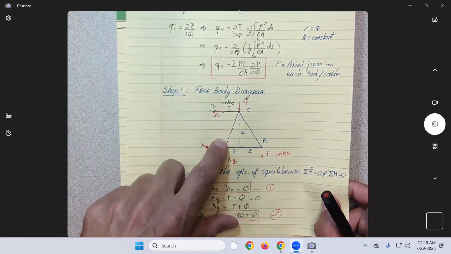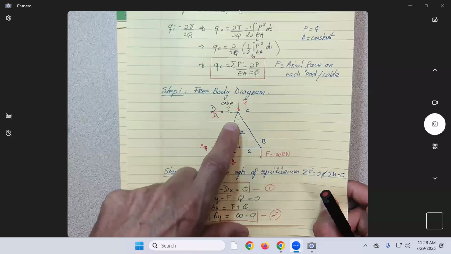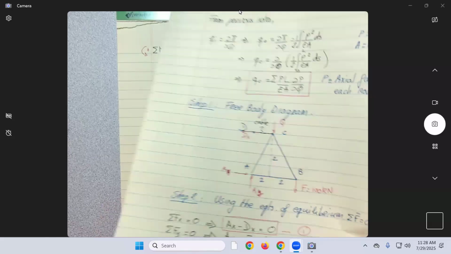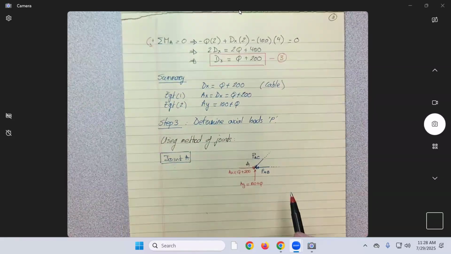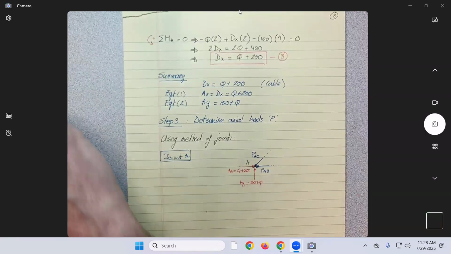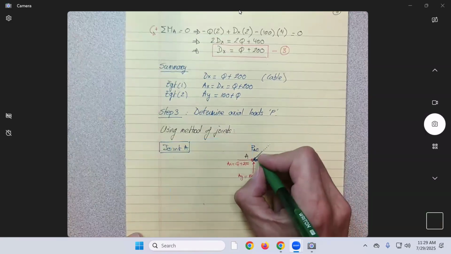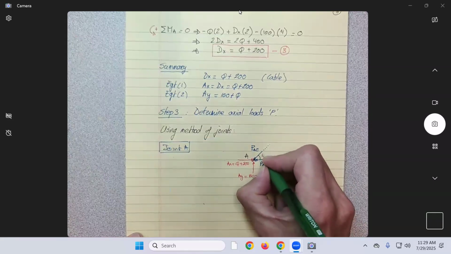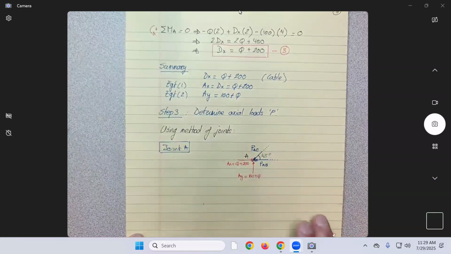And since the distance here is, okay, because of the characteristics of this triangle, it's an isosceles triangle. We know that the angles over here would be 45.